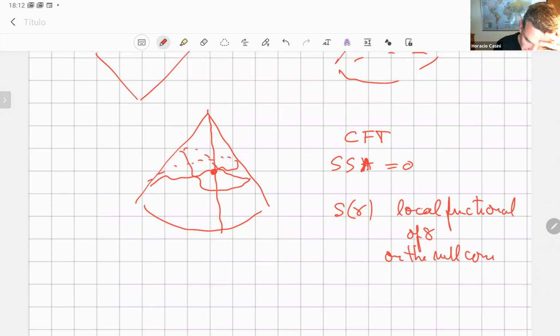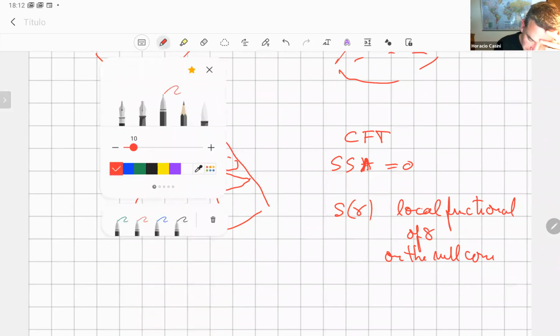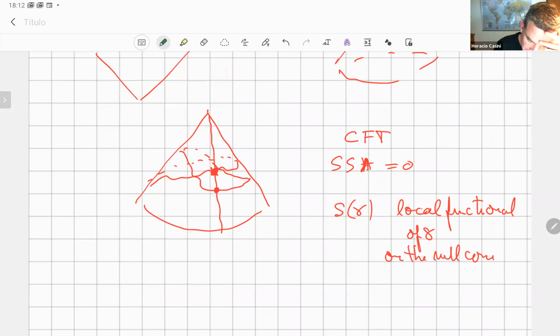When you have region B, it depends on this point. When you have the intersection, it will depend again on this point. And when you have the union, it will depend again on this point. If you have a functional that is local, automatically we satisfy strong subadditivity equal to 0.